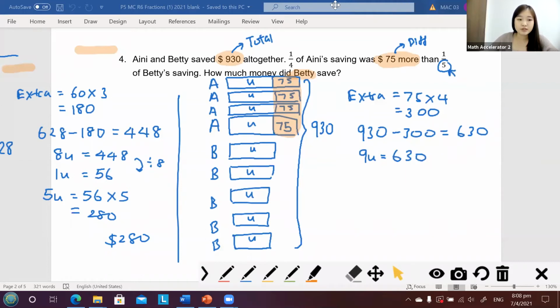So what do you do with this? Look for 1 unit. Divide by 9. Majority of you got this right, 70. But is this your answer? Those of you who chose 70, what have you found? What is 70?